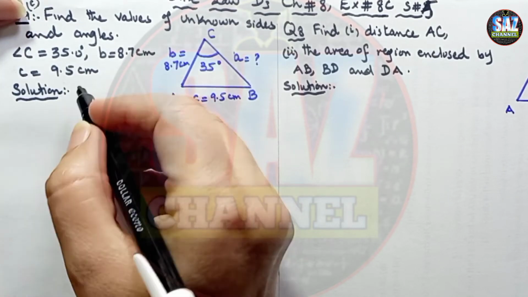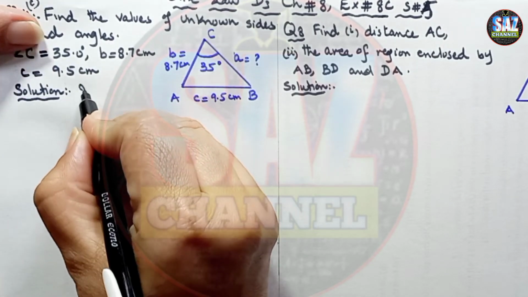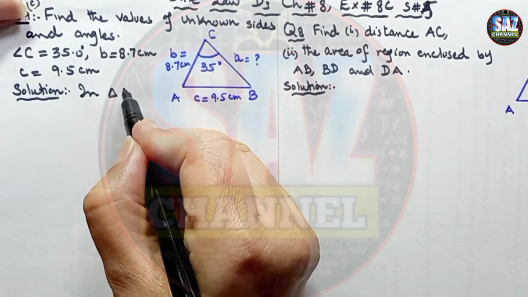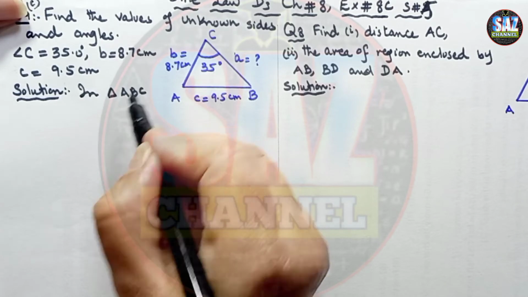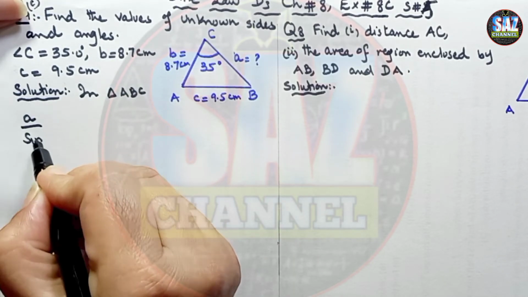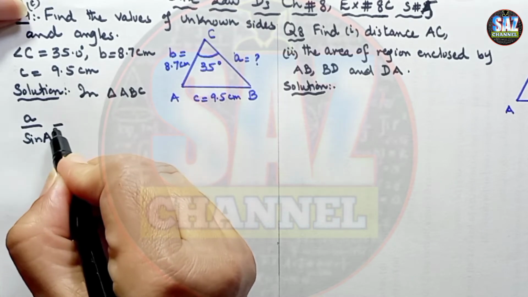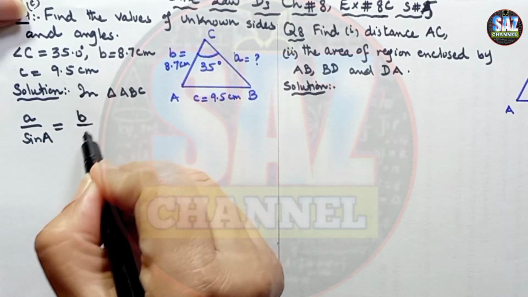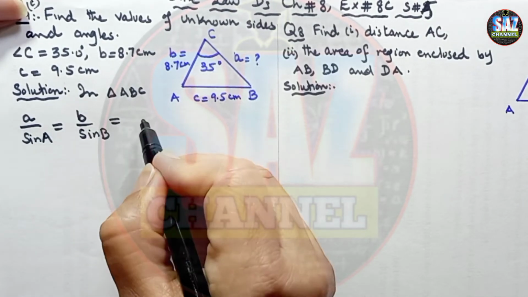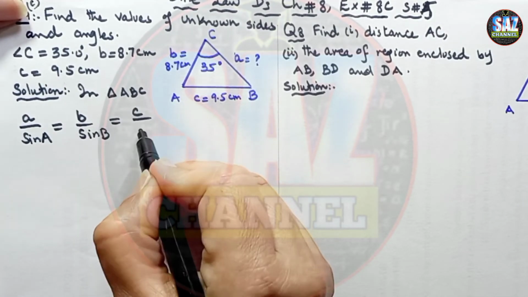In triangle ABC, a upon sine A equals b upon sine B, which is equal to c upon sine C.